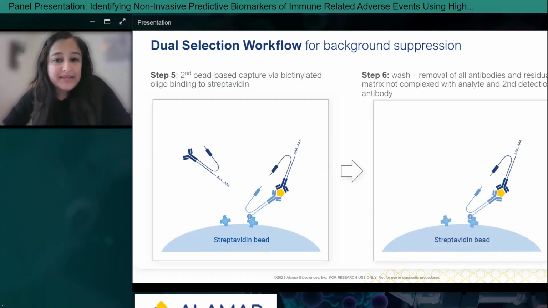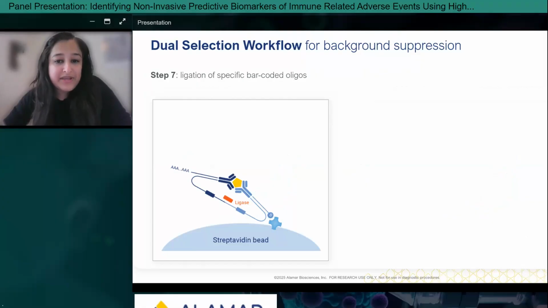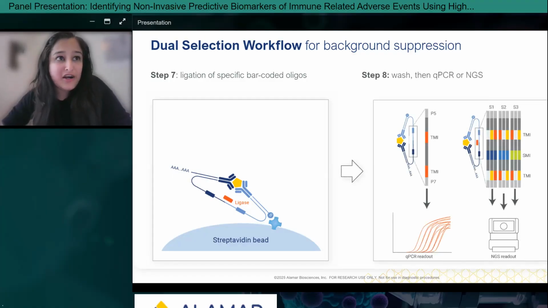This is followed by a second wash step to remove all sources of background, and what we end up with is a highly enriched immunocomplex that can then achieve the high level of sensitivity that NULISA enables. The final steps in the reaction are the assay readout. And this is done via a proximity ligation reaction that then can be read out by qPCR for a single-plex assay.